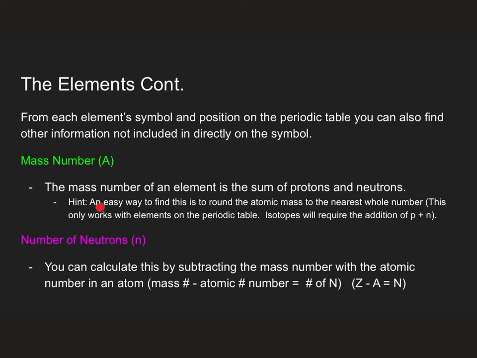And so what you actually need to do is round it to the nearest whole number, and this will work out pretty well with elements on the periodic table. With doing that, you'll be able to subtract the atomic number, which is the number of protons, from the atomic mass number, and you'll get the number of neutrons. Fairly simple. Here's a little formula if you don't know how to do that.